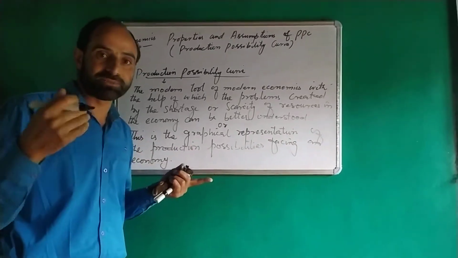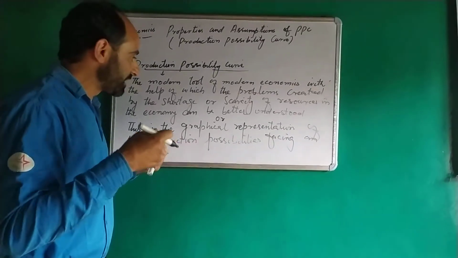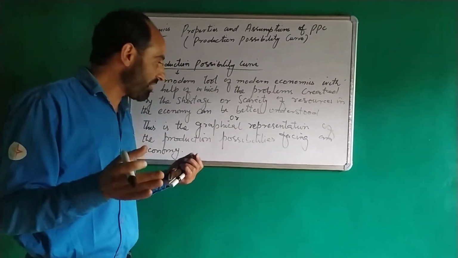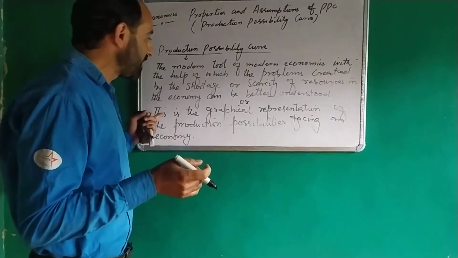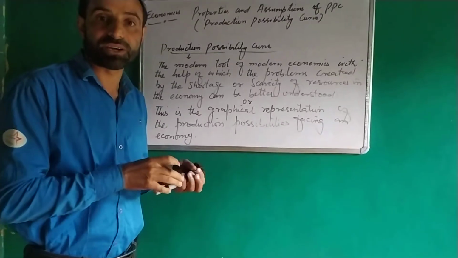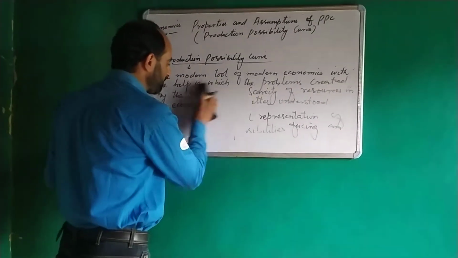The production possibilities which are faced by an economy, when these production possibilities are represented on a graph paper, we get a curve which is called production possibility curve, or which is called PPC. Now let's proceed towards the properties of PPC.